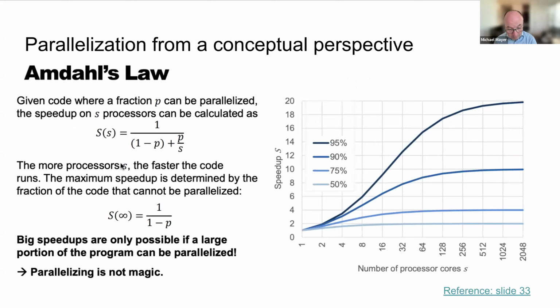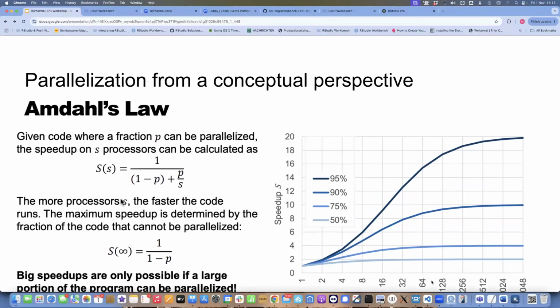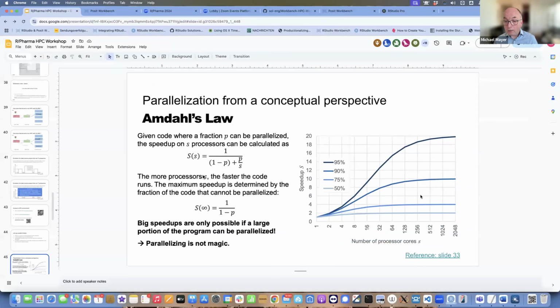Before going hands-on, let's come back to one of the first graphs you've seen, where I showed you the speedup versus the number of cores for a given problem. Sorry, Michael, there was a question in the chat from Yusuf about local code optimization. Typically you start writing code that runs on a single server, maybe on your laptop.